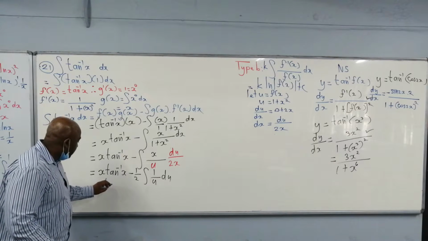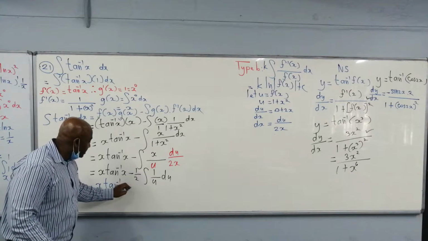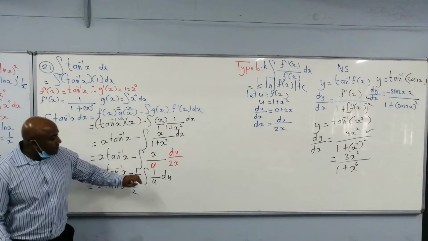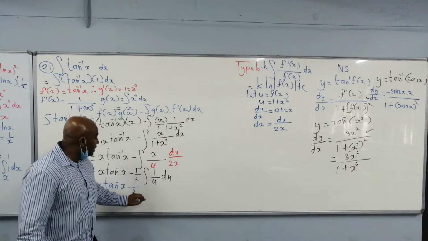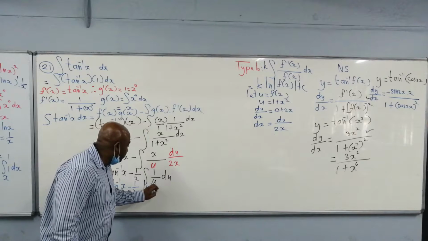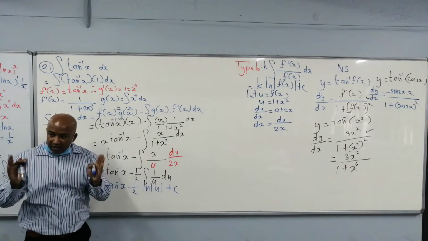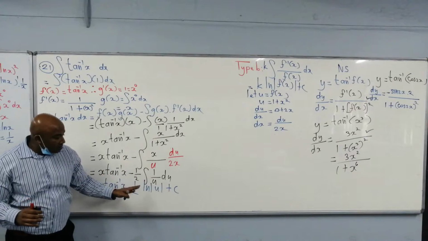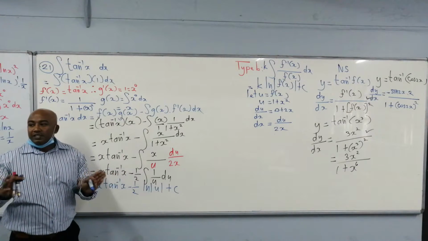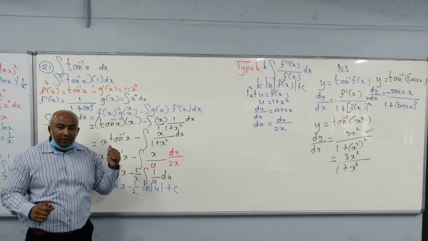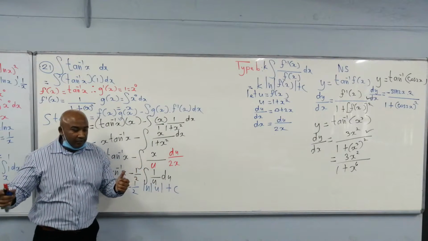So that will be x times inverse tan x minus 1 over 2 times, when I integrate 1 over u, it's going to be ln absolute value of u. Plus, you must put the two lines there. It's called absolute value, because when we deal with natural logs, we can only take positives, not negatives, especially when we're dealing with area and volume.